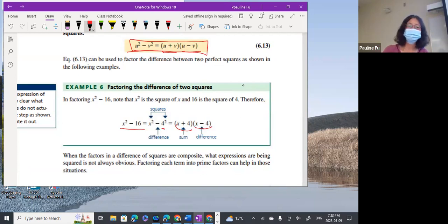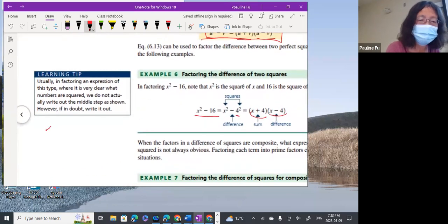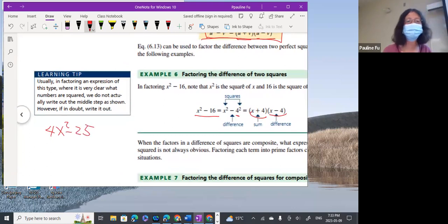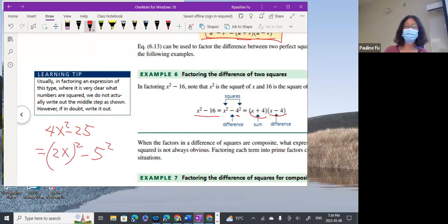Okay. Now I give you another example. Factor 4x squared minus 25. So first you write down 4x squared as (2x) squared. Then for 25 you write down 5 squared.